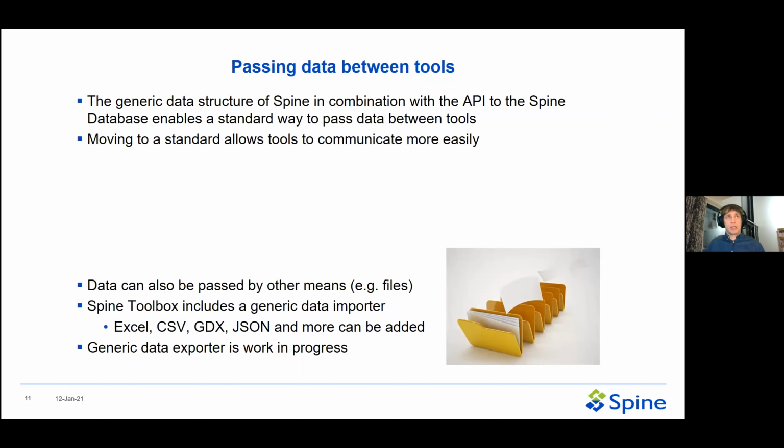And of course, the exporter and the importer need to be able to understand. The importer needs to understand what kind of table formatting people might have, and you need to be able to map those in order to import. And then on the exporter side, you must be able to say in which kind of order different sets and dimensions should be laid out into the output file that your tool model will need.